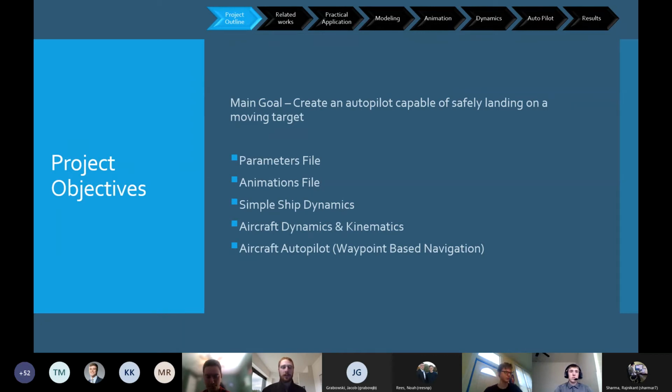To do this, we needed to create a parameters file detailing the individual aircraft, the animation in order to show the interaction between the carrier and the aircraft, simple ship dynamics, the aircraft dynamics, which we were able to pull from the assignments we were working on the entire semester, and the big thing, which was the aircraft autopilot, which would direct the plane from point to point.